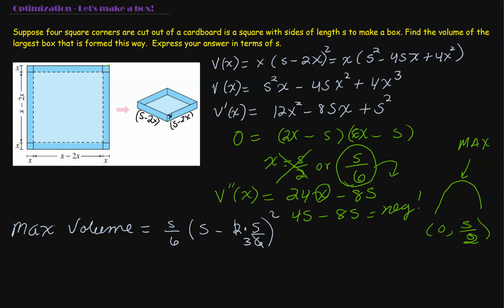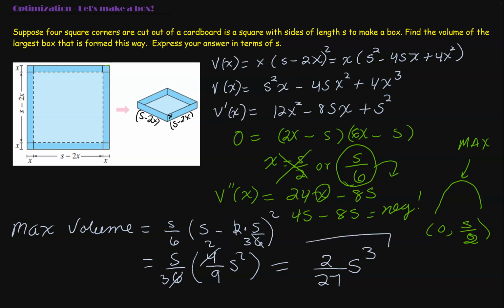So that really is s over 6, and then I have 2/3 squared, which is 4 over 9 s squared. 4 divided by 2 is 2, 6 divided by 2 is 3. So really the maximum volume is going to be 2 over 27 s to the 3rd power.